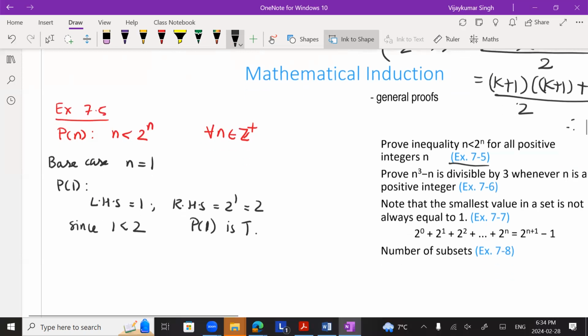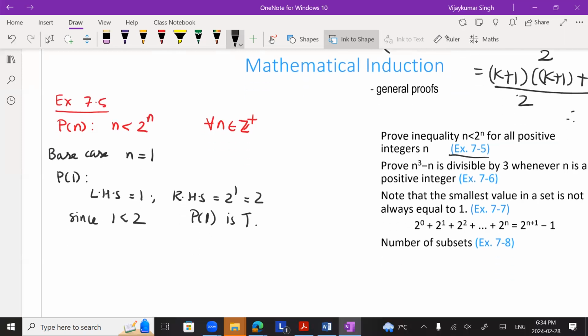Now the next step is the induction hypothesis, where we assume P of k is true.